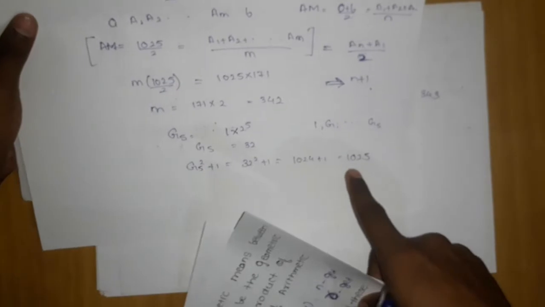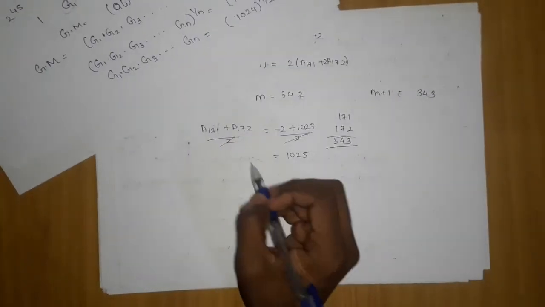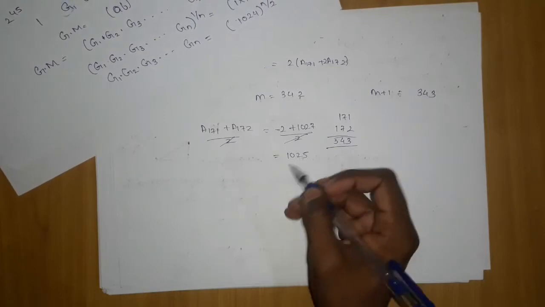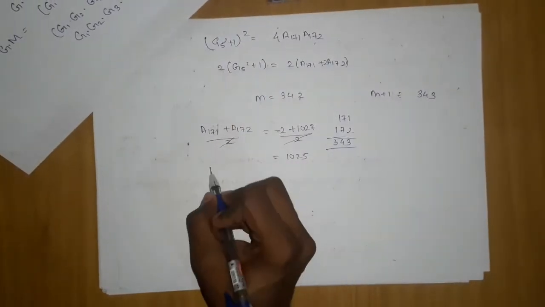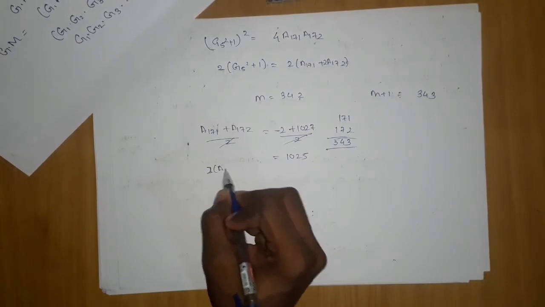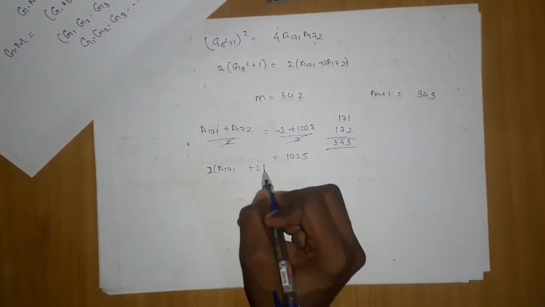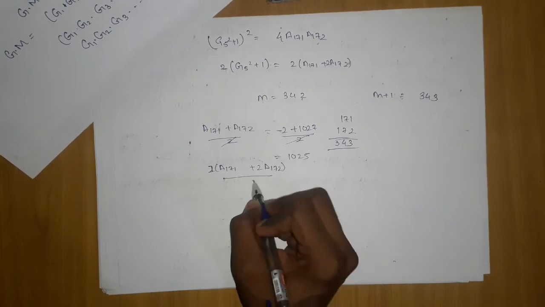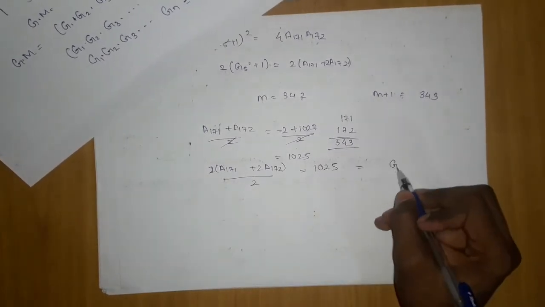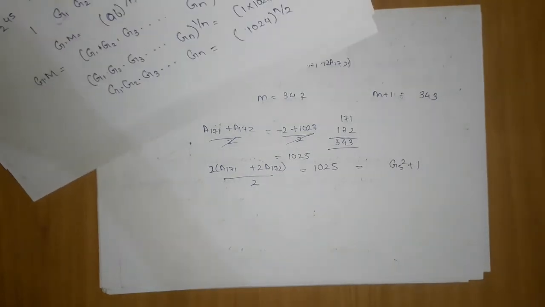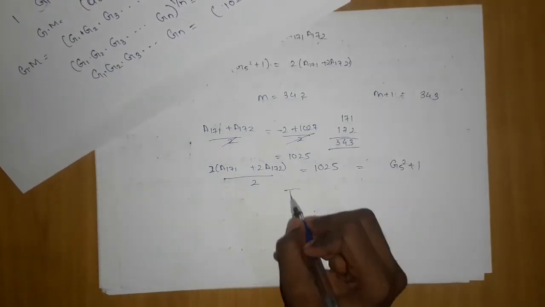Now we are getting more clarification that it is reaching 1025, so there is a high probability that they are in AP. So I want to create 2a171 and 2a172, so I will multiply and divide: 2a171 plus 2a172 divided, this will be 1025. But wait, 1025 was g5 square plus 1, so we can clearly see that they are in AP.